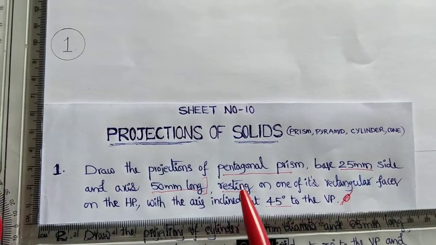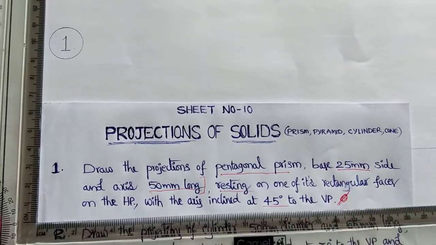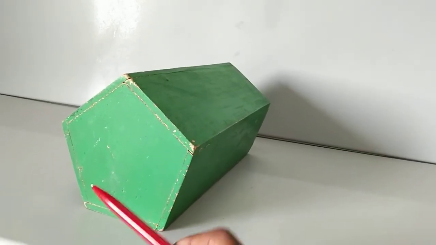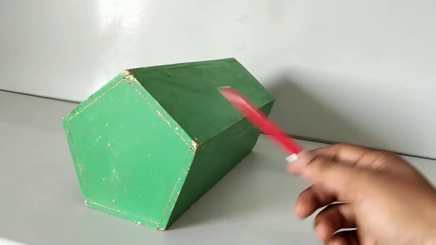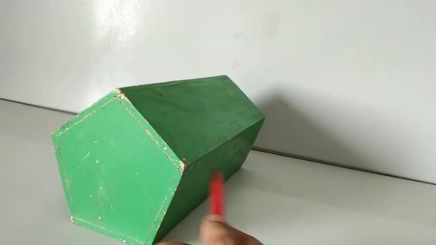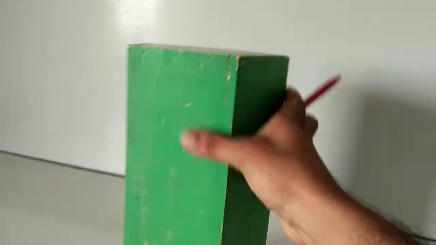Now let us see the position of the pentagonal prism with respect to the horizontal plane and vertical plane. Yes, this is our object, the pentagonal prism. This surface and similarly the back surface are both pentagonal faces. Coming to the rectangular faces, we have 5 rectangular faces. Let me show you once again. This is our pentagonal prism.